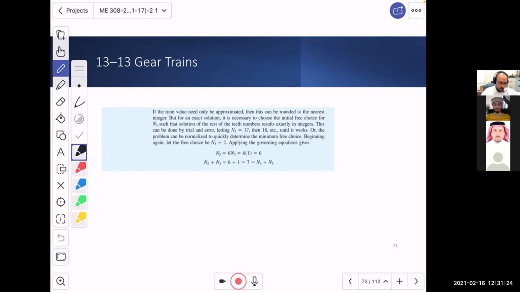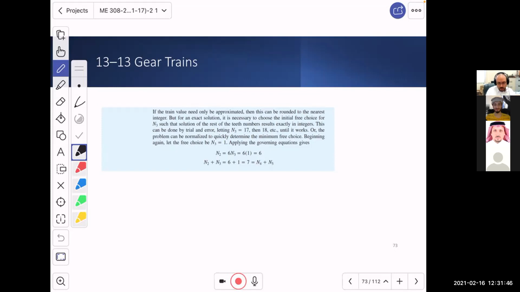When I start with 1, automatically the second one becomes a multiple, and the third one a multiple, and the fourth one is a multiple. I can easily identify how much I can multiply 1 by, and then the others will follow. That's the trick.